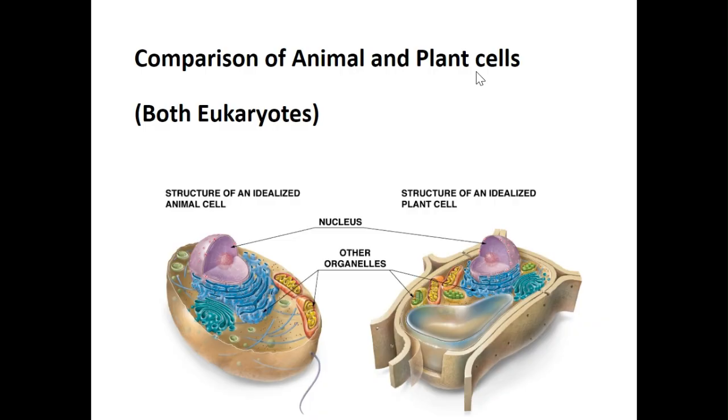Okay, so then within the eukaryotic world, we have two types of cells. We have our animal cells. These are a structure that is very similar for both animals and then for what we call protists, single-celled critters.